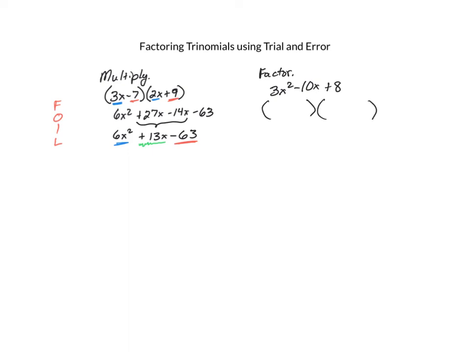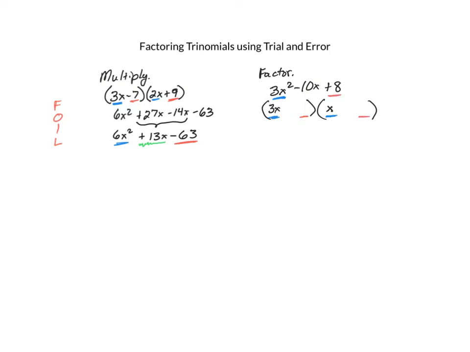Now I saw in the multiplication problem that this first term came from the product of these two first terms. So I'm going to break up 3x squared into 3x and x. Now the product of these last two terms needs to be 8.